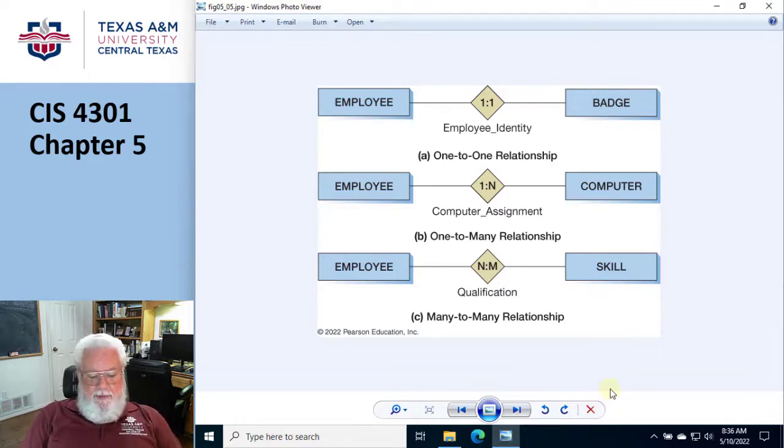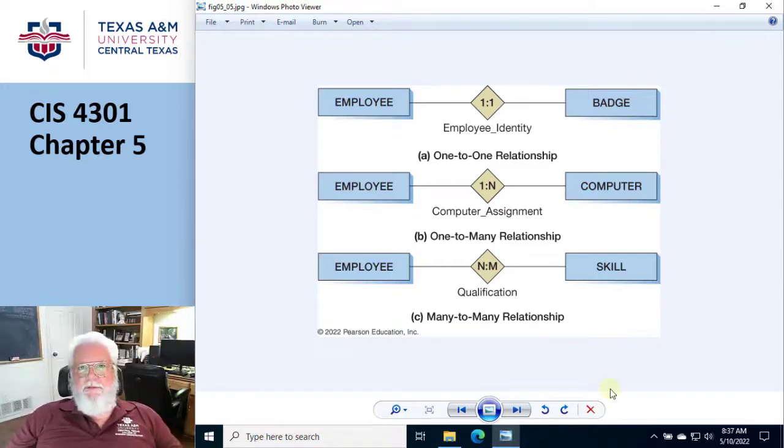So one more time. In a one-to-one, one row in the left table matches exactly one row in the right table. In the next, one row in the left table could match multiple rows in the right table.